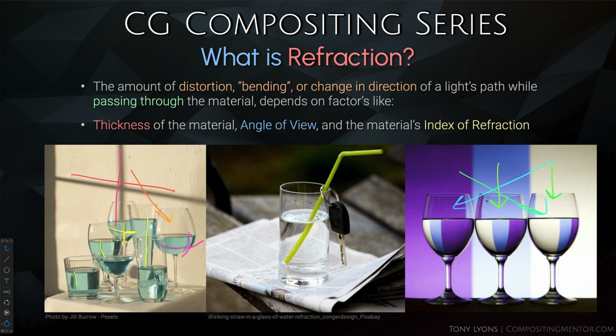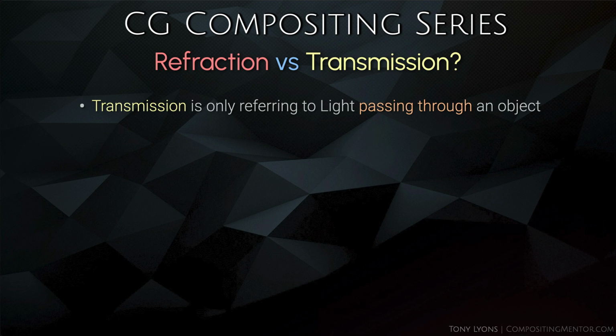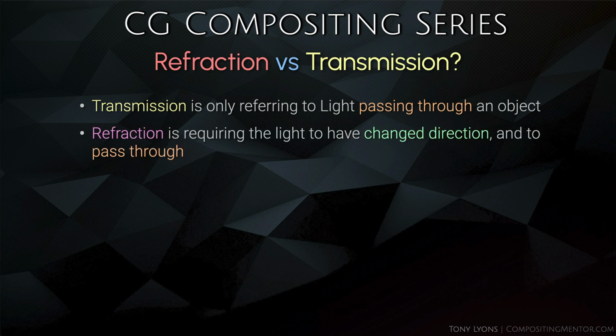Okay, so let's clarify the difference between refraction and transmission when it comes to our CG passes, and why these renderers are sort of having a battle of naming between these things. So transmission is only referring to light that is passing through an object. That's pretty much the only requirement of transmission. Refraction is requiring the light to have changed direction and pass through it.